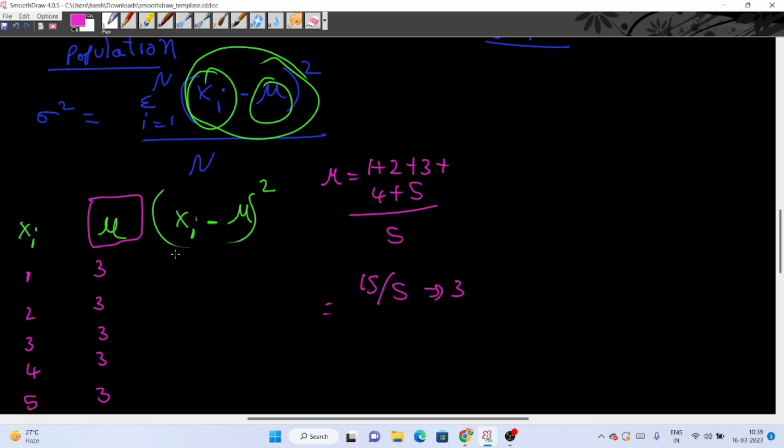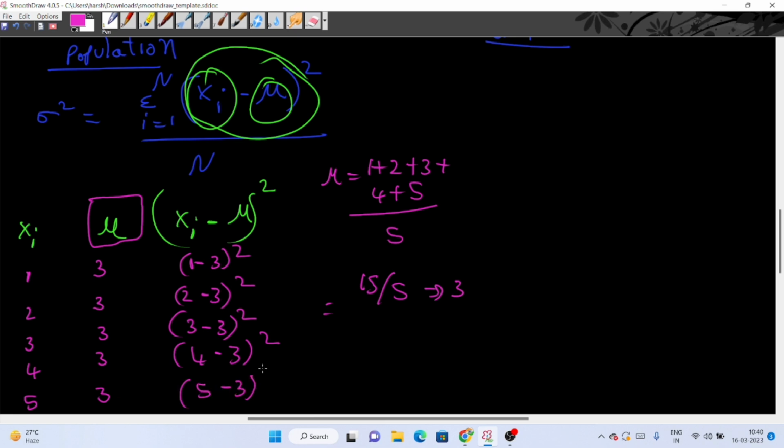Now xi minus mu whole square, that means 1 minus 3 whole square, and then 2 minus 3 whole square, 3 minus 3 whole square, 4 minus 3 whole square, and 5 minus 3 whole square.